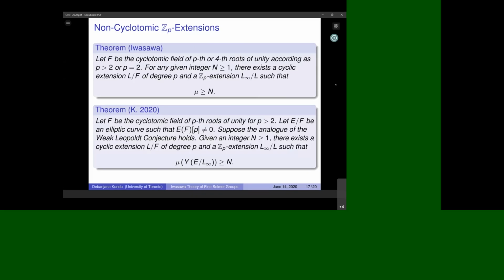So I played around with Iwasawa's proof a bit, and I was actually able to show that under certain technical assumptions, the mu invariant of the fine Selmer group can be made arbitrarily large if you choose your ZP extension correctly.